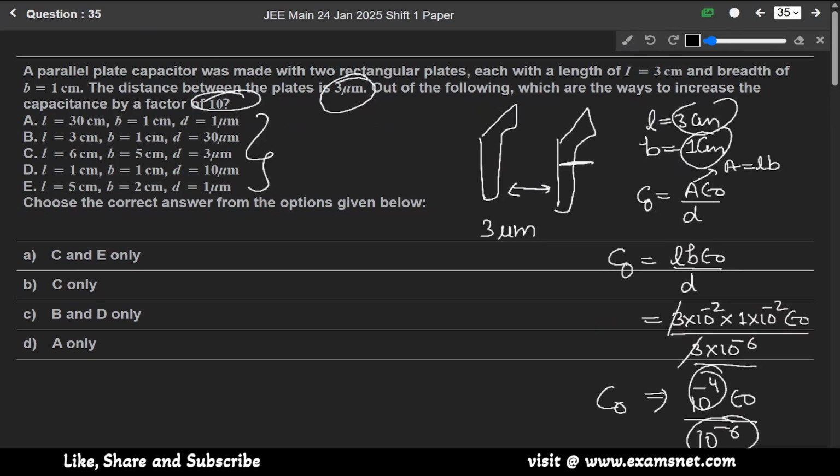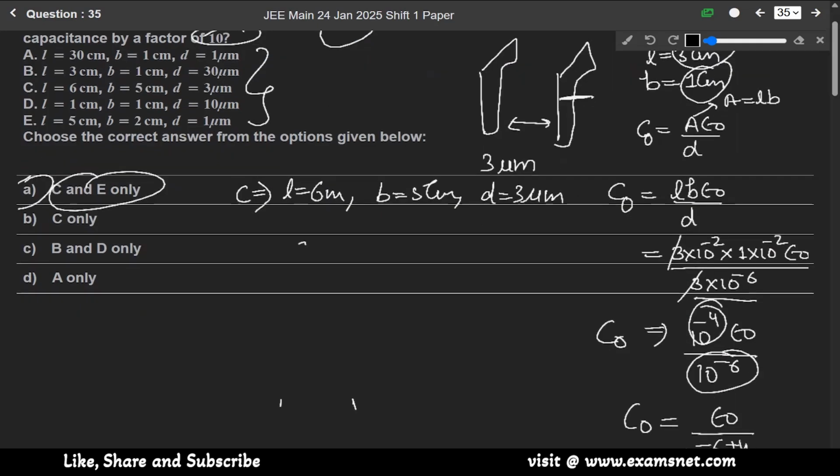Now we have to check among these given 5 options for which the capacitance increases by a factor of 10. Let's start with option A, C and E only. For C, we see that L equals 6 centimeter, B equals 5 centimeter and D equals 3 micrometer. So C is equal to 6 into 10 to the power minus 2 into 5 into 10 to the power minus 2 into epsilon naught over D, where D is 3 into 10 to the power minus 6.